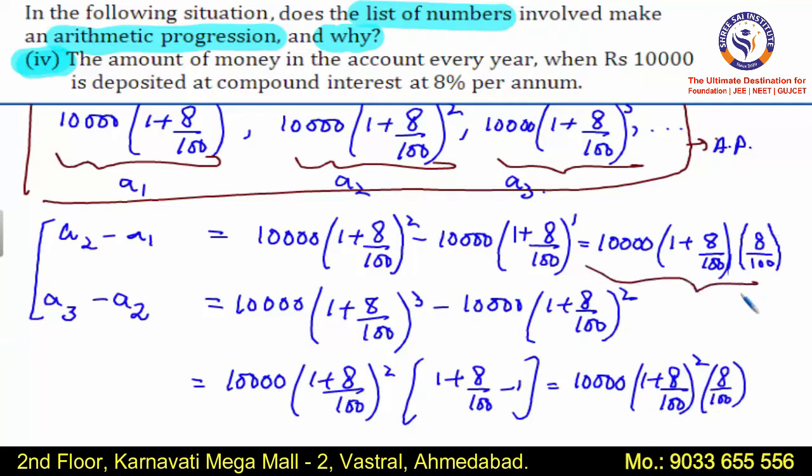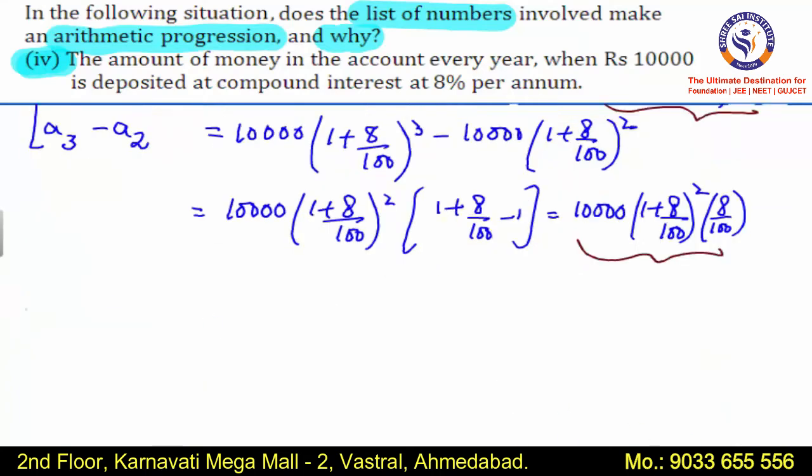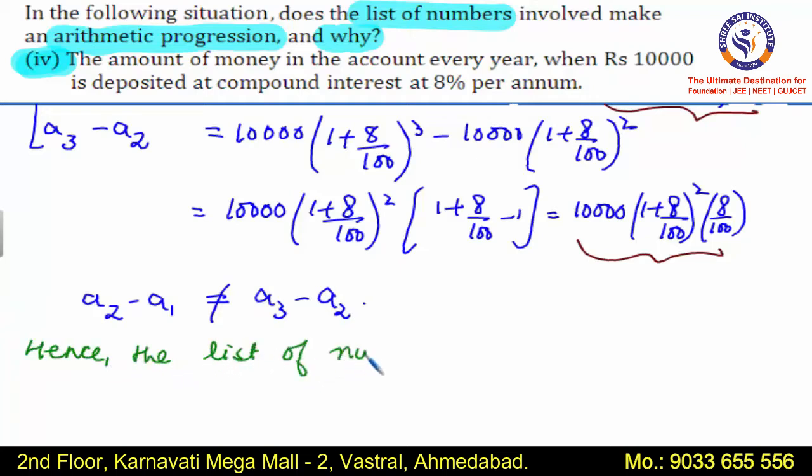Now we see that the difference in both the cases is not the same. That is, A2 minus A1 is not equal to A3 minus A2. Hence, the list of numbers which are obtained under the following condition do not form an AP. This completes the solution.